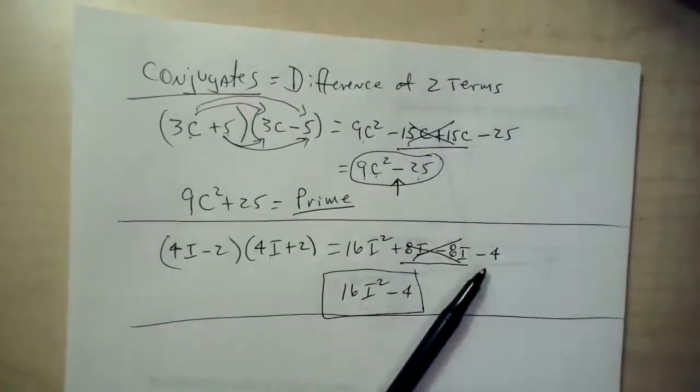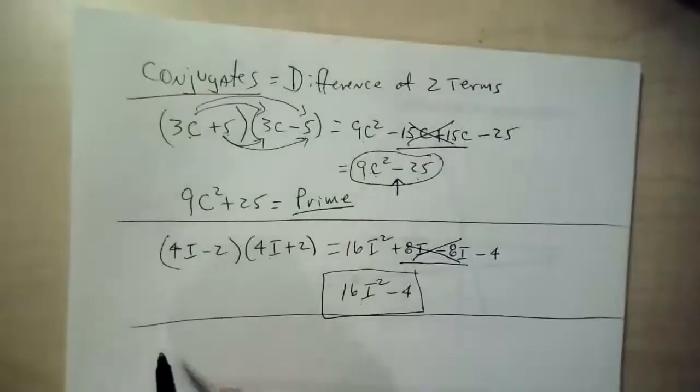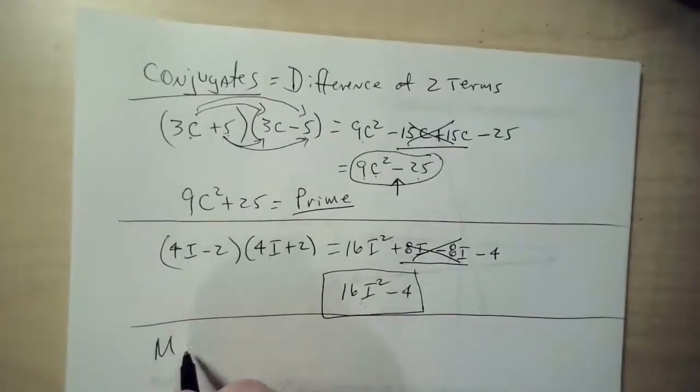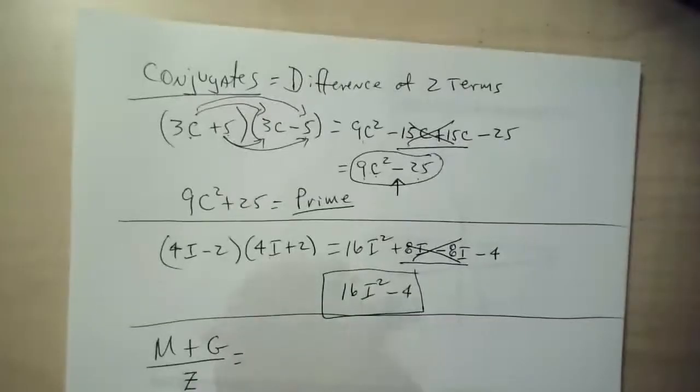Okay, now we're going to kind of shift gears here a little bit. Who's after you, Mr. Islam? Mr. Garcia? Yes, Professor. If we have, now I would use S for Samuel, but my S's look like 5s. So I'm going to use M plus G divided by Z. Now the fraction bar kind of acts like parentheses, puts this as one number.